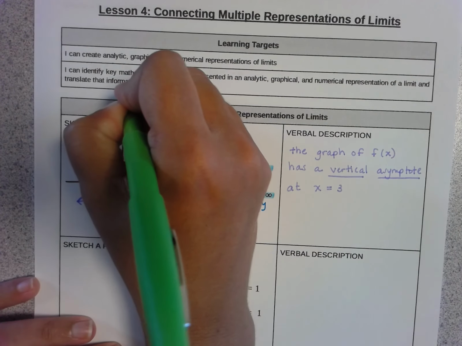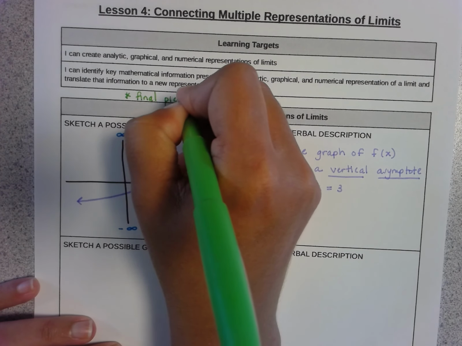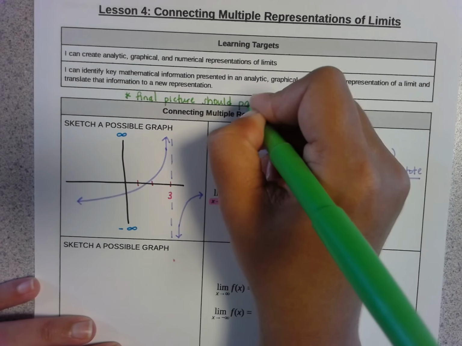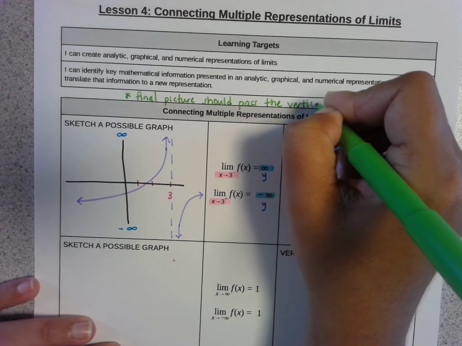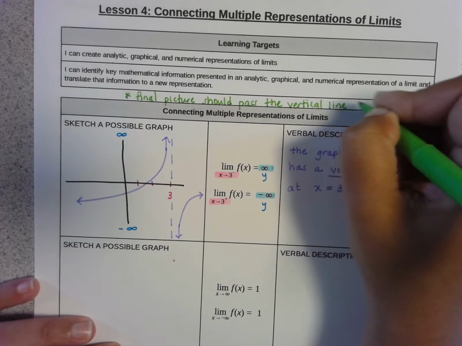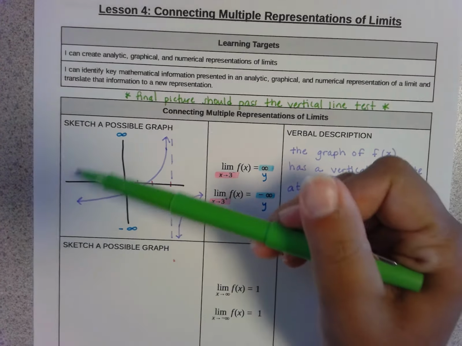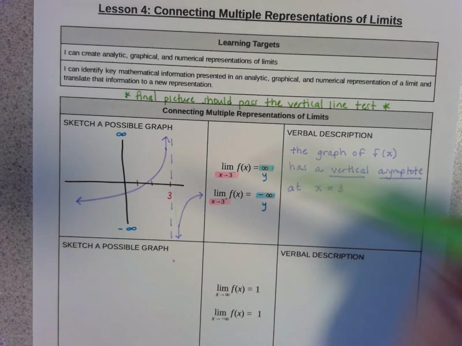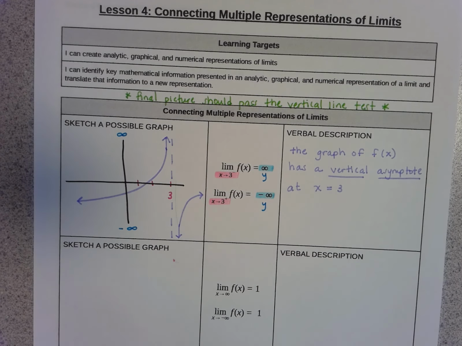So we should make a note here that the final picture should pass the vertical line test, which says that as long as you imagine drawing vertical lines and each line only crosses the graph one time, then you have the graph of a function. Since we want our graphs to be functions, each graph has to pass the vertical line test.